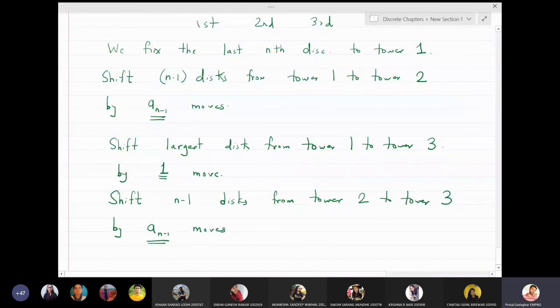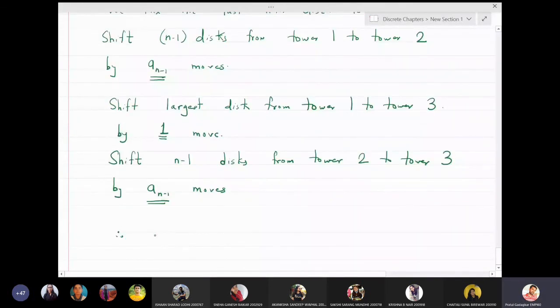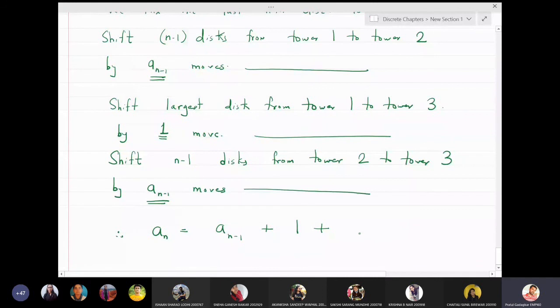Therefore, an, which is the total number of moves needed to shift all the n disks from the first tower to the third tower, is given by an-1 plus 1, the move from first to third, and last is again an-1.